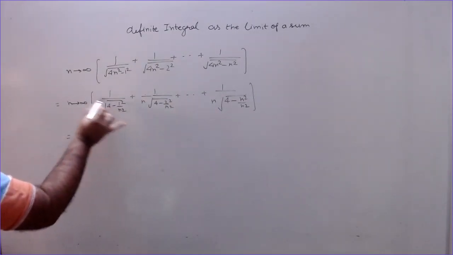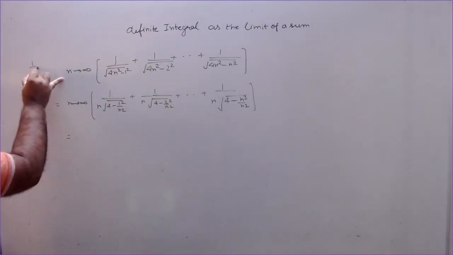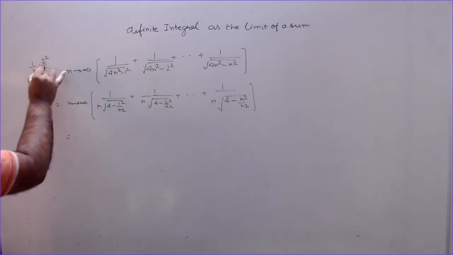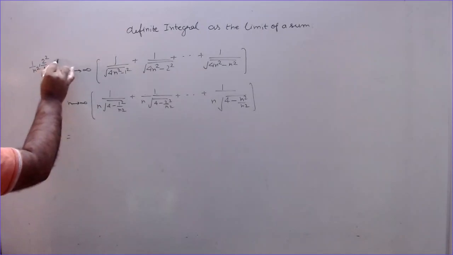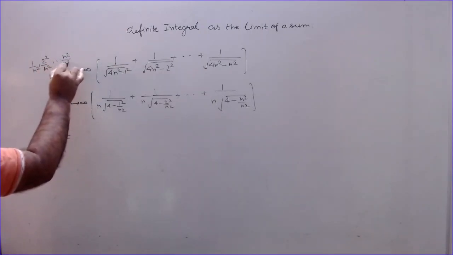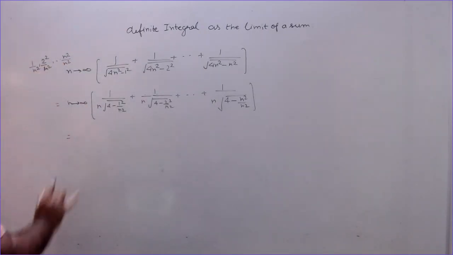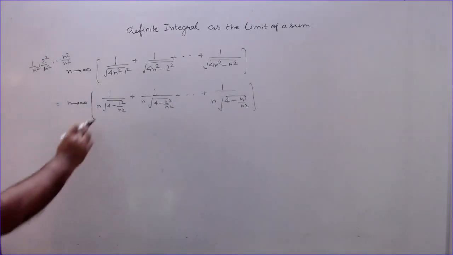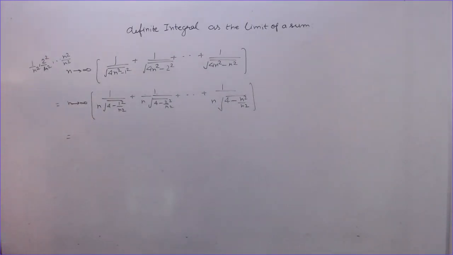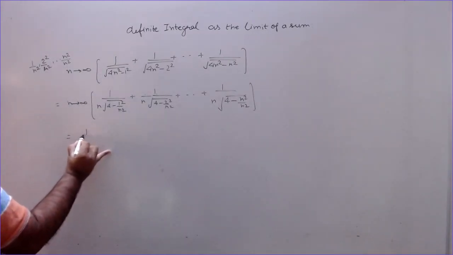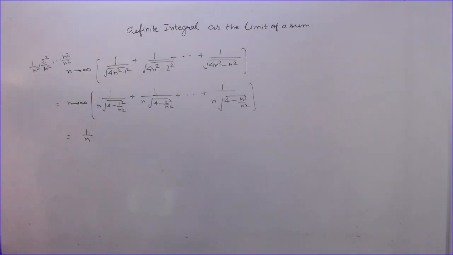So in the denominator, in the numerator I can write n square. So n is tending towards infinity, so this n can be taken outside. So this is 1 by n, and n is tending towards infinity.